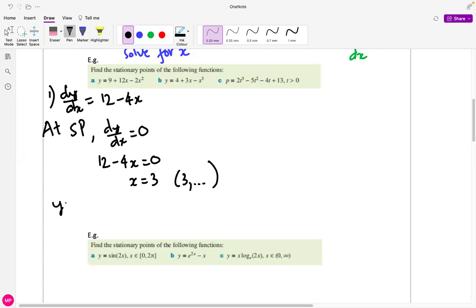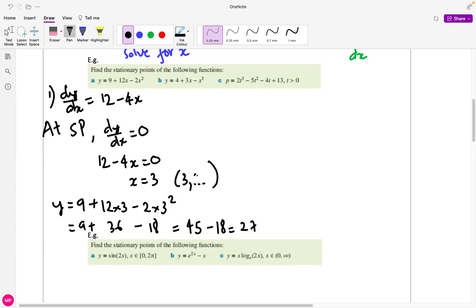So y equals, if I sub back in here, 9 plus 12 times 3 minus 2 times 3 squared. 9 plus 12 times 3 is 36. 3 squared is 9. 9 times 2 is 18. 9 plus 36 is 45. 45 minus 18, I will get 27. So therefore, the answer for this question is that the stationary point will be 3, comma 27.